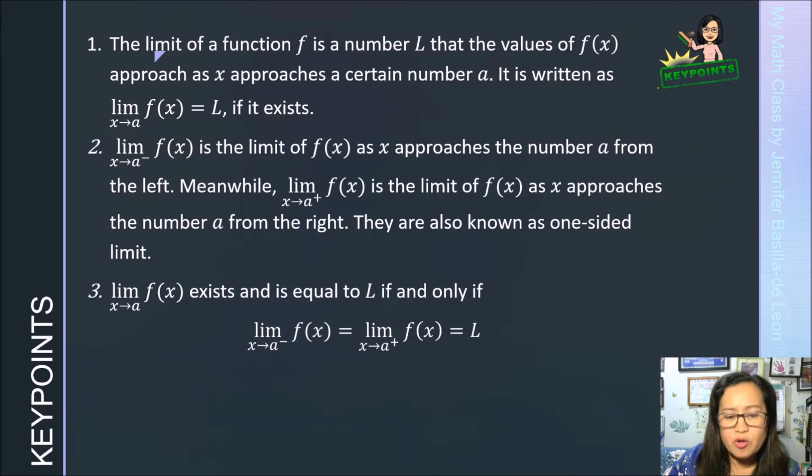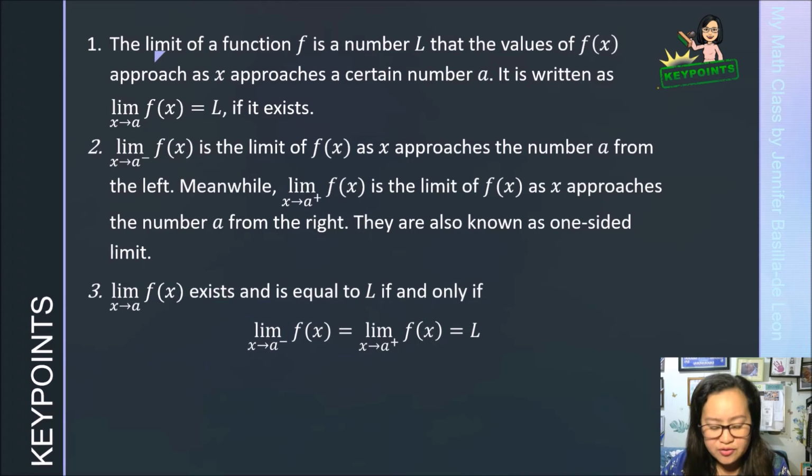Now, in order that the limit will exist, make sure to arrive at a single number when we evaluate the given function from the left and from the right.